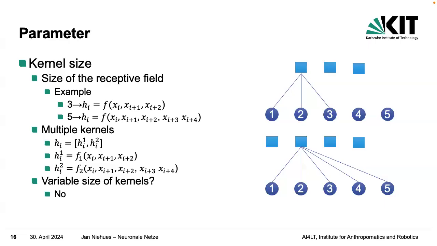So it's at least not directly possible to have a variable size kernel. I agree there are some workarounds, but as a direct solution, it's important to remember that we can handle variable size, but only by applying the same function several times, and each application of the function again needs a fixed size input.